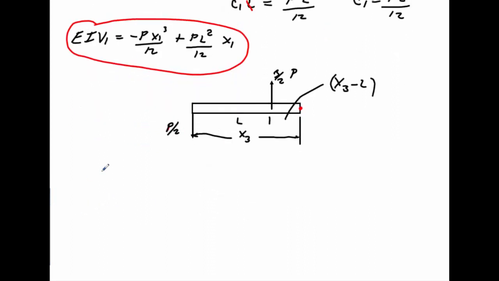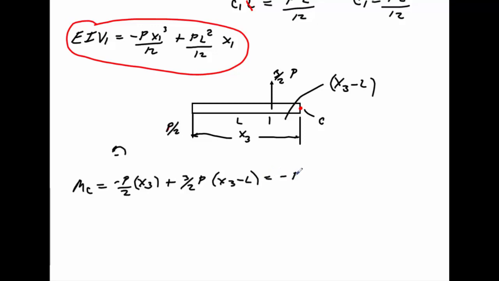I'll scroll down here. Let's call it point C or something like that. So if I take the moment around C, again, anything that goes this way we'll let it be negative here. I will get minus P over 2 times X3 plus 3 over 2 P times X3 minus L. And we're going to figure out what that's going to be.